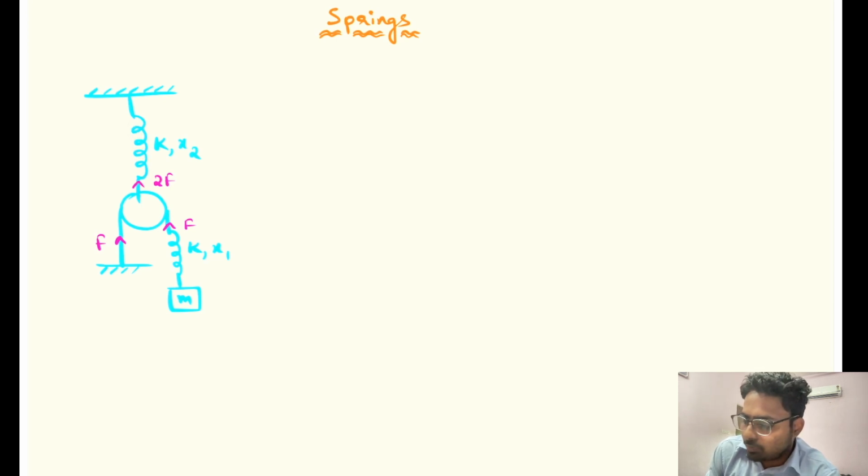Now let me try to find what the equivalent spring constant will be. When I say equivalent spring constant, what do we mean by it? That means we need to replace this entire system with just one spring and the same block attached over here, and we will call this k equivalent.